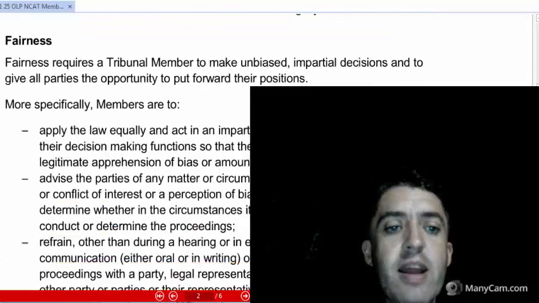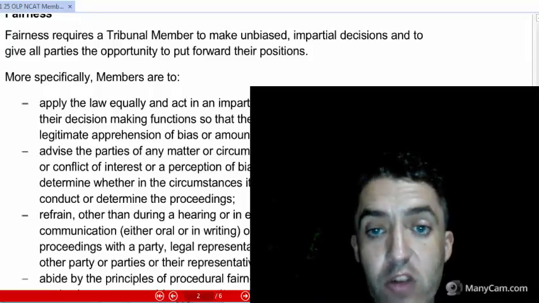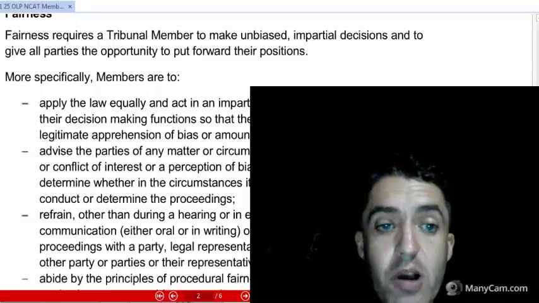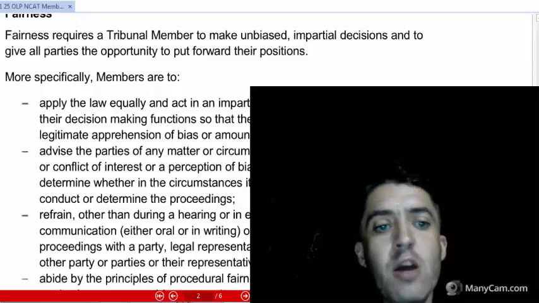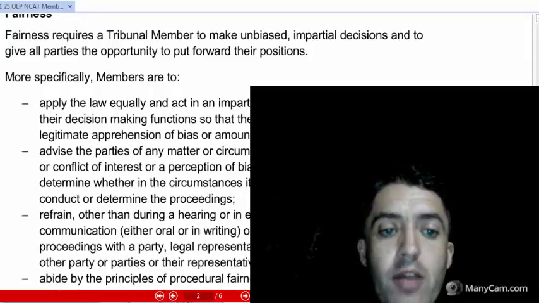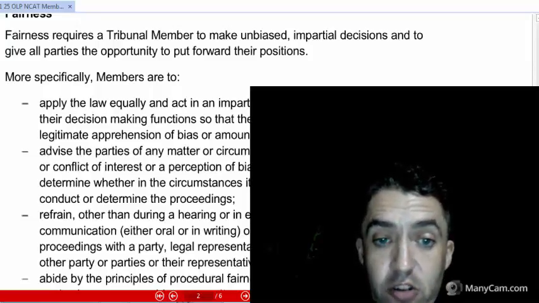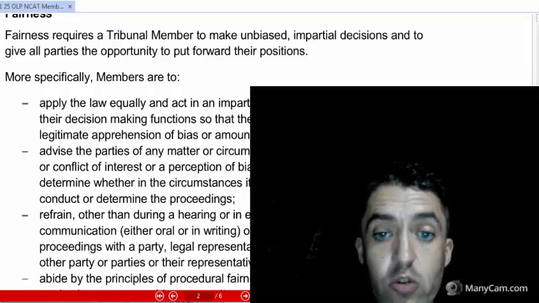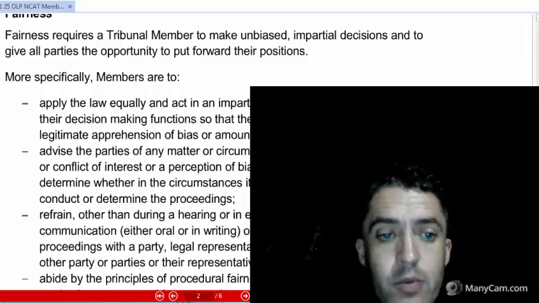Fairness. Fairness requires a tribunal member to make unbiased, impartial decisions and to give all parties the opportunity to put forward their positions. More specifically, members are to apply the law equally and act in an impartial manner in the performance of their decision-making functions, so that their actions do not give rise to a legitimate apprehension of bias or amount to actual bias.